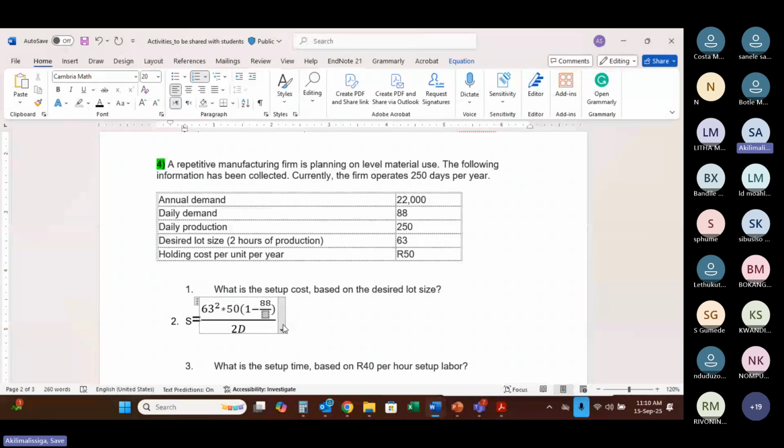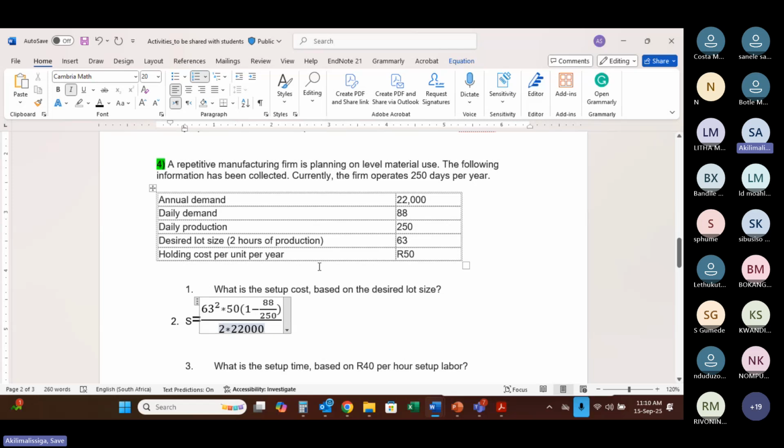So 250 is provided. Now, below here, you're going to have 2 times the annual demand, 22,000. So you take your calculator and perform the calculation.